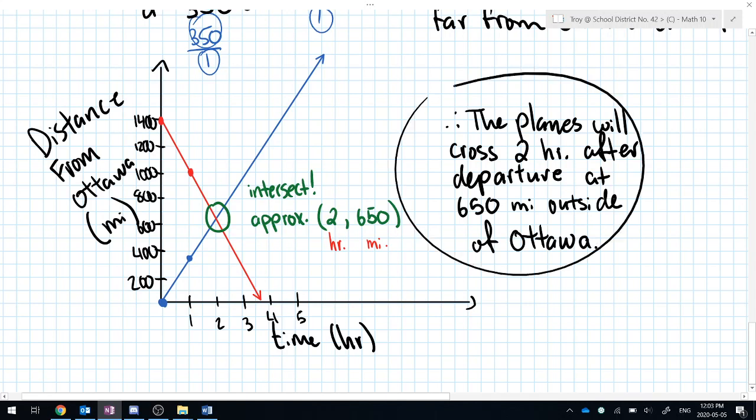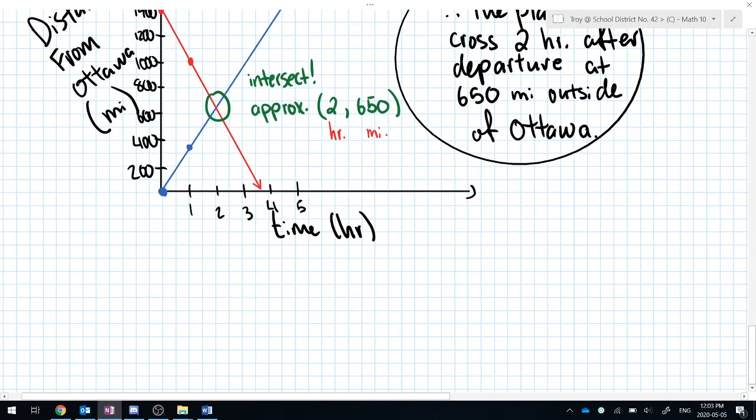Okay, so that's a little real life example you could use for that method.